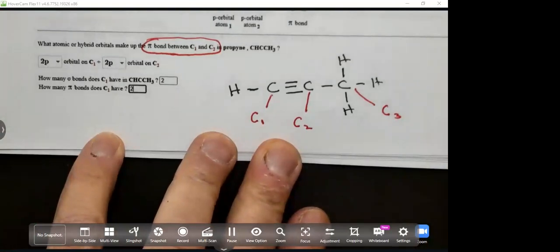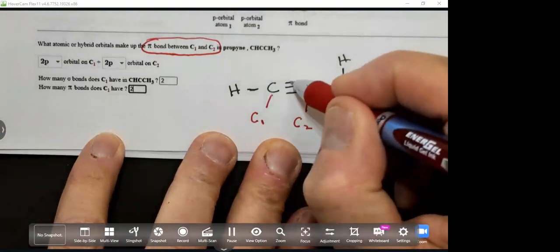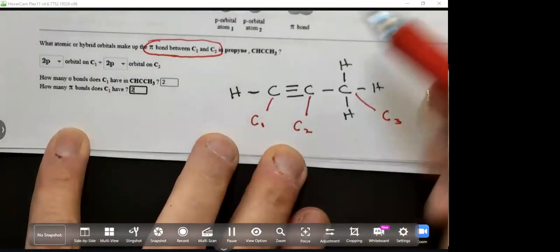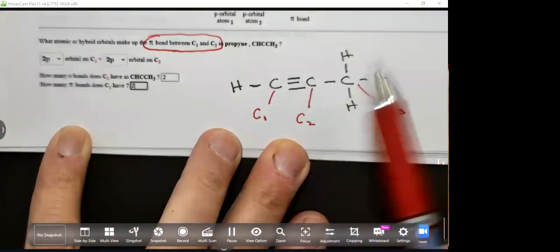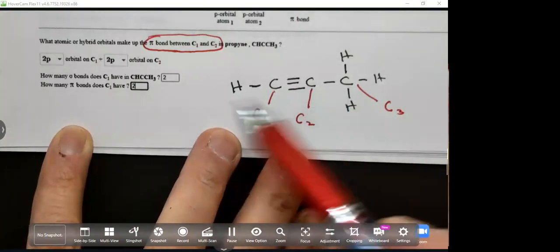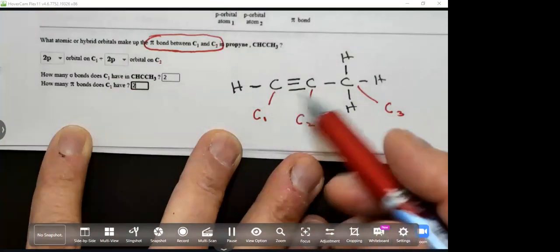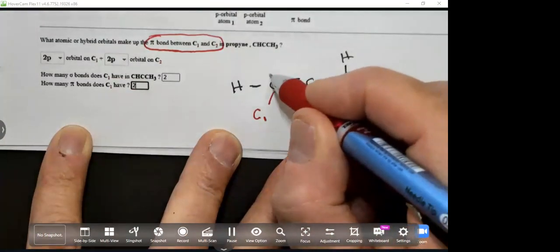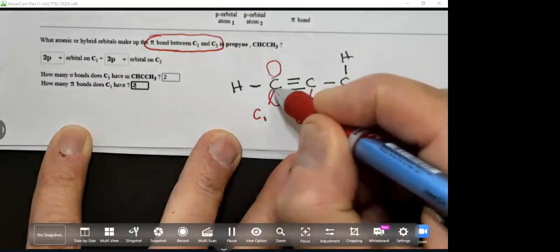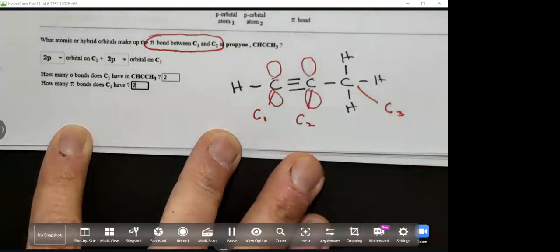Well, there's 2 pi bonds on that thing. One of these is sigma, one's pi, but it's going to be the overlap of 2 p orbitals, correct? Regular p orbitals, and the overlap of 2 p orbitals on both carbons. One of the pi bonds would overlap there, but there's 2 of them.